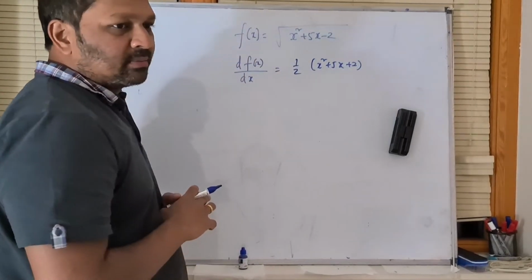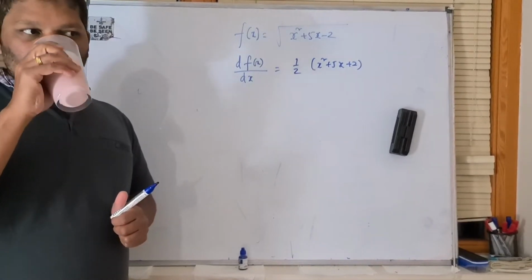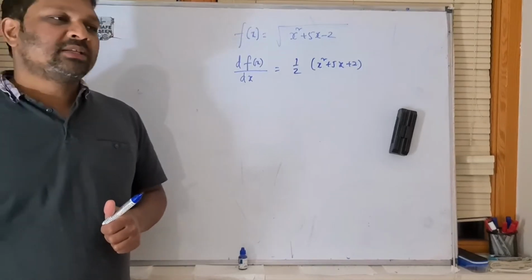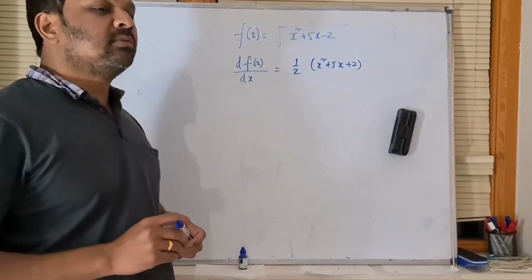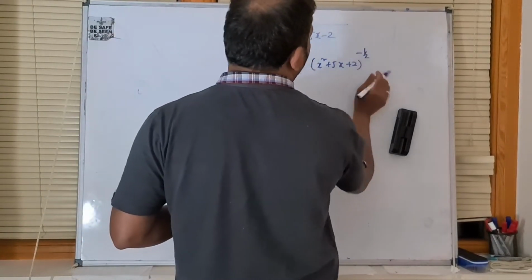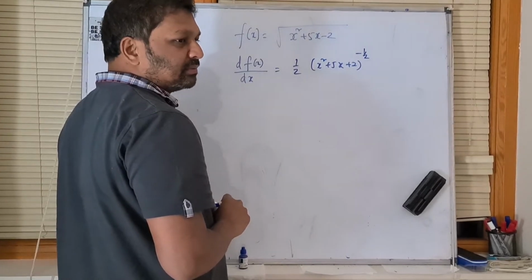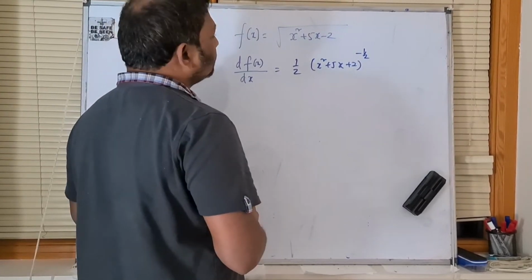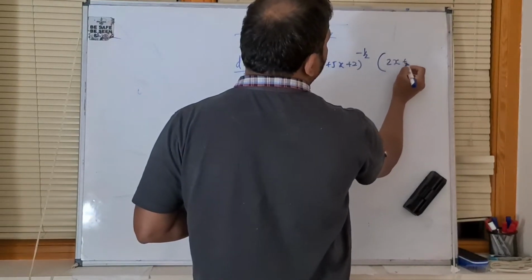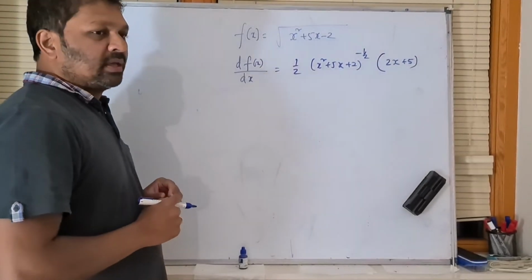How much does it become? 1 by 2 minus 1, which is minus 1 by 2, minus half. And then the differentiation of x squared plus 5x minus 2 is 2x plus 5. You simplify it.